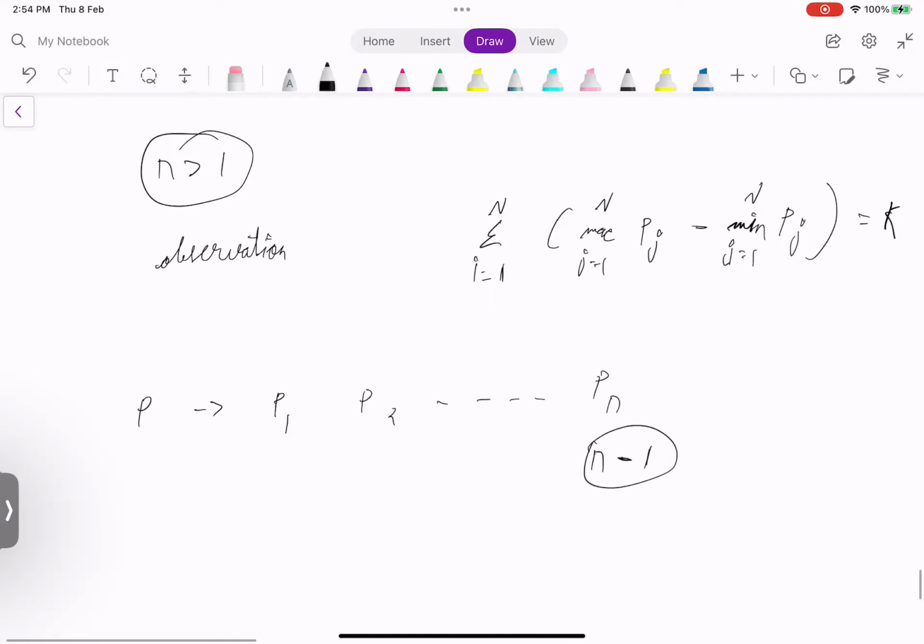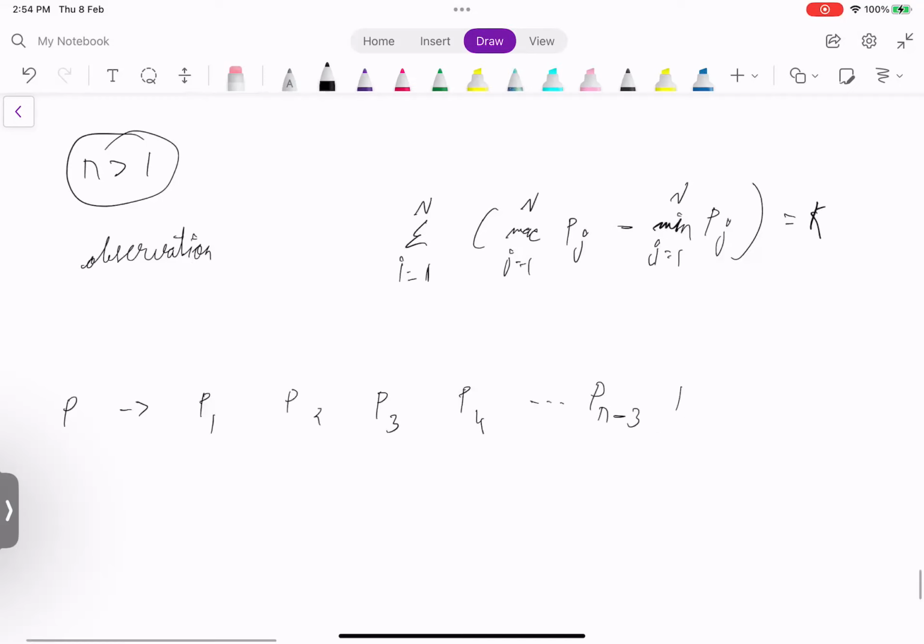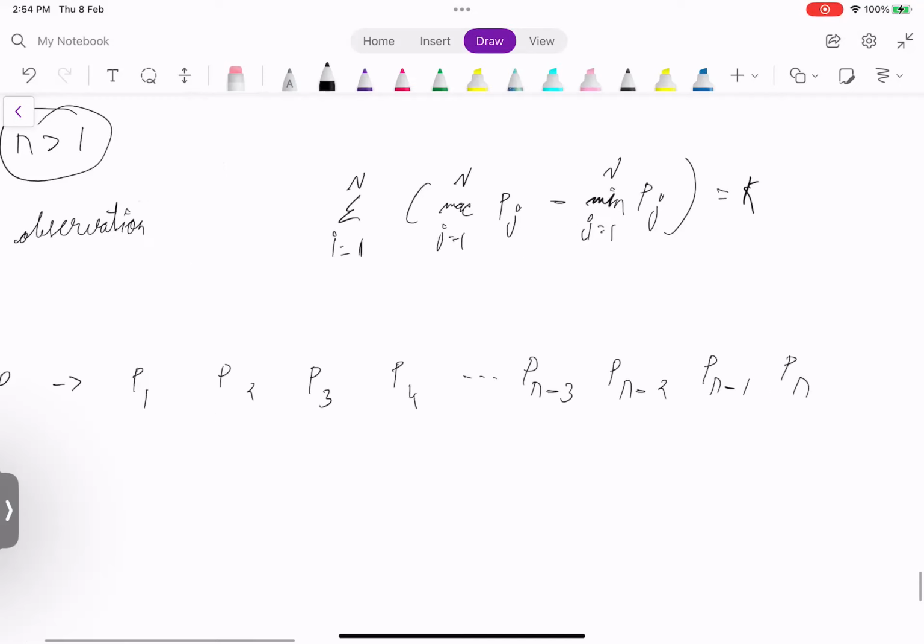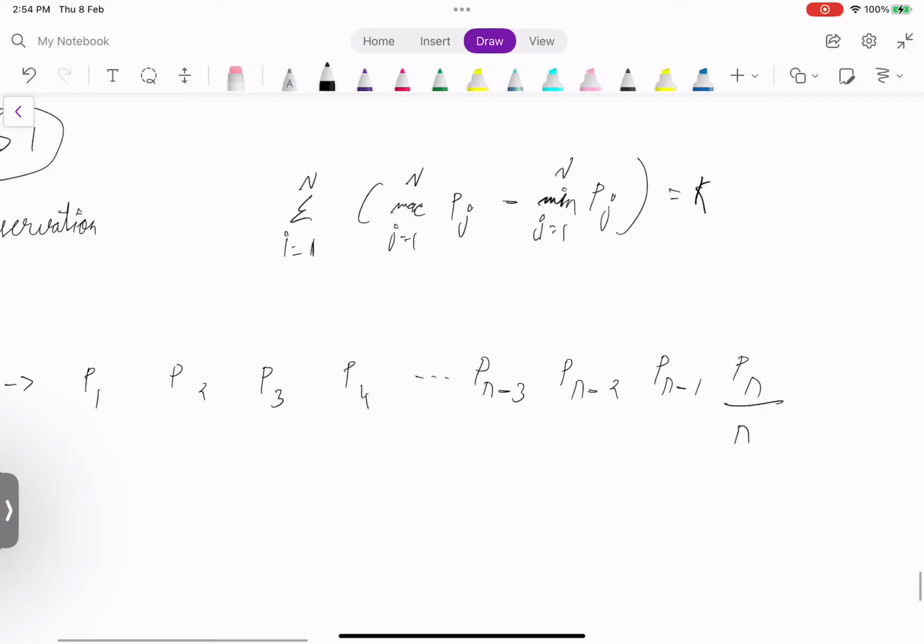Let us write it in reverse fashion. At the point Pn, the maximum value in the permutation minus the minimum value will be n minus 1 for sure, because every number occurs exactly once at this point.